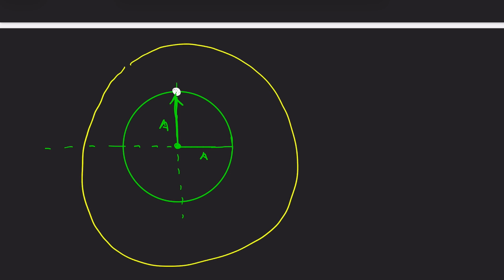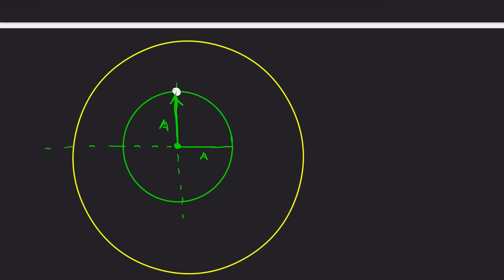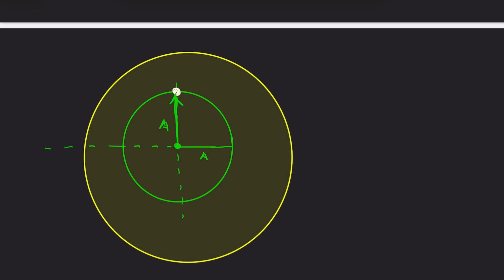The size of the arrow is going to be a. Settled. Now if I make the velocity phasor, the velocity phasor would be of size a omega. So let me fix the position of this.